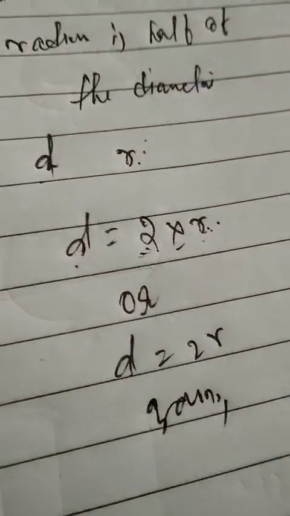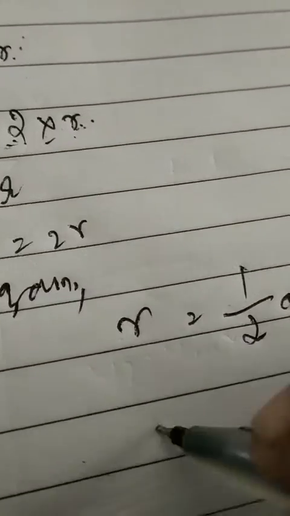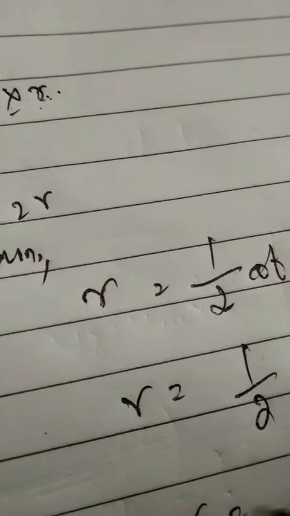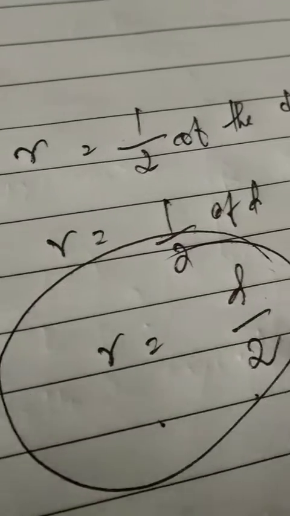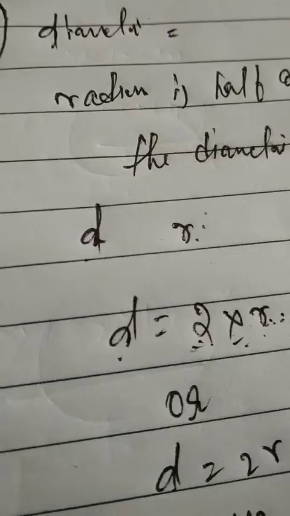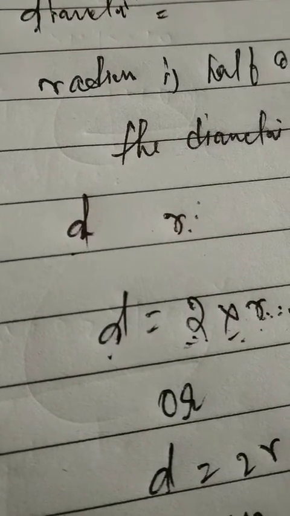Again, radius is just half of the diameter. So R is equal to half of D, or R is equal to D by 2, same only. So this relation they are talking about: radius is half of diameter and diameter is double of the radius. That's all. So children, this is how we have to deal with this kind of questions.